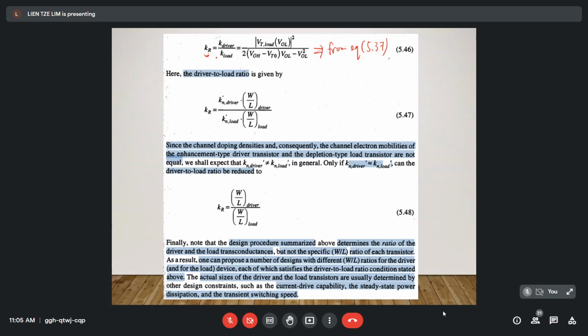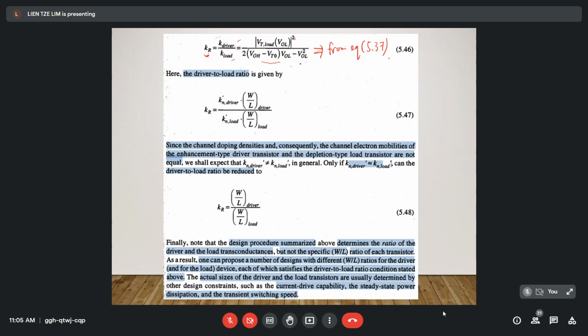In these equations there is a K driver and also a K load. So we rearrange it, and then we can get this formula, with VT multiplied by VOL squared divided by 2, multiplied by V out minus VTO, multiplied by VOL minus VOL squared.